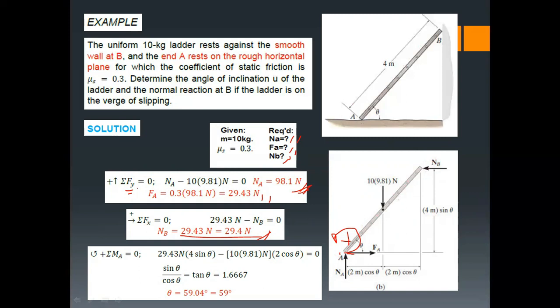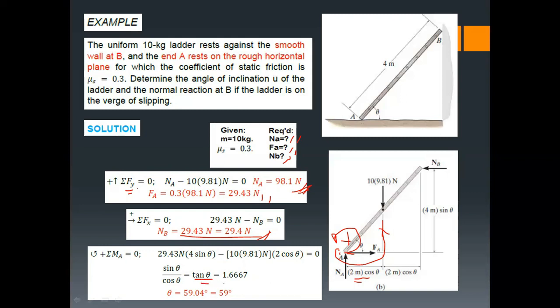And then, minus nung kasalubong natin, yung weight natin, which is 10 times 9.81, the gravity, times 2 cosine theta, distance natin from our point of rotation. So, this is equals to, lilipat mo lang yan, transpose, and then, we know that sine theta over cosine theta is equals to tan.